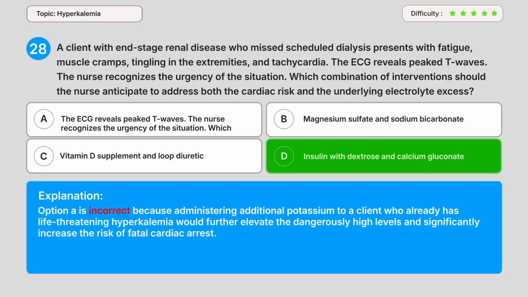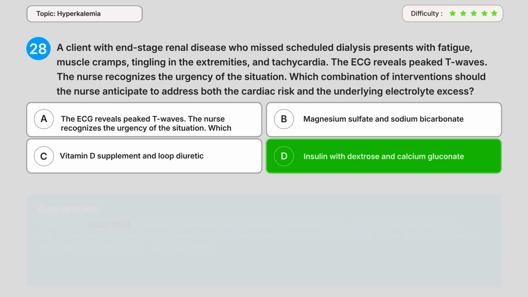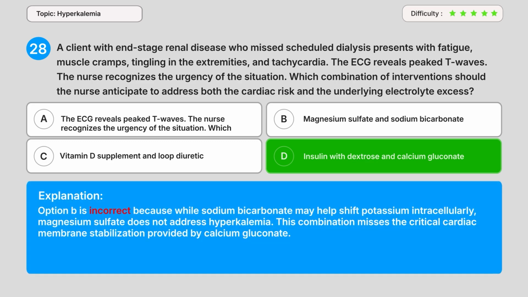Option A is incorrect because administering additional potassium to a client who already has life-threatening hyperkalemia would further elevate the dangerously high levels and significantly increase the risk of fatal cardiac arrest. Option B is incorrect because while sodium bicarbonate may help shift potassium intracellularly, magnesium sulfate does not address hyperkalemia.